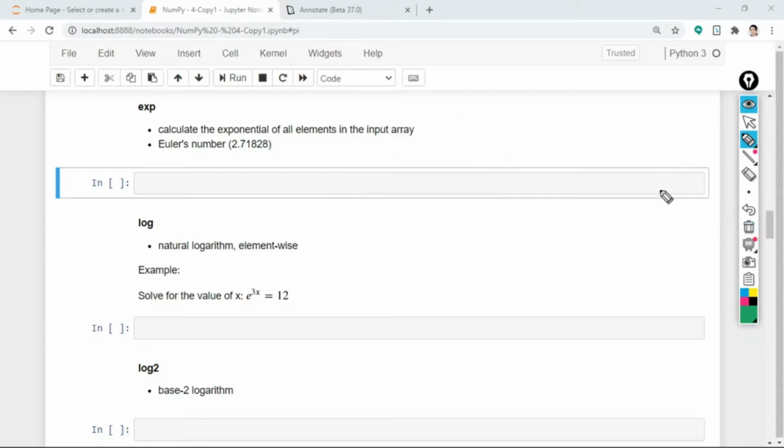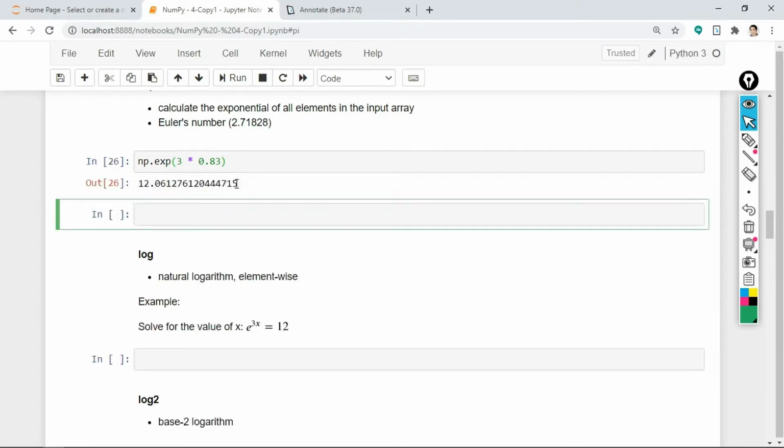So for example, we have to calculate a certain value. So we have np.exp, let's say the Euler's number of, for example, 0.83. I'm using this specific value for the next example. So we'll solve for the value of x. Approximately we have 12.